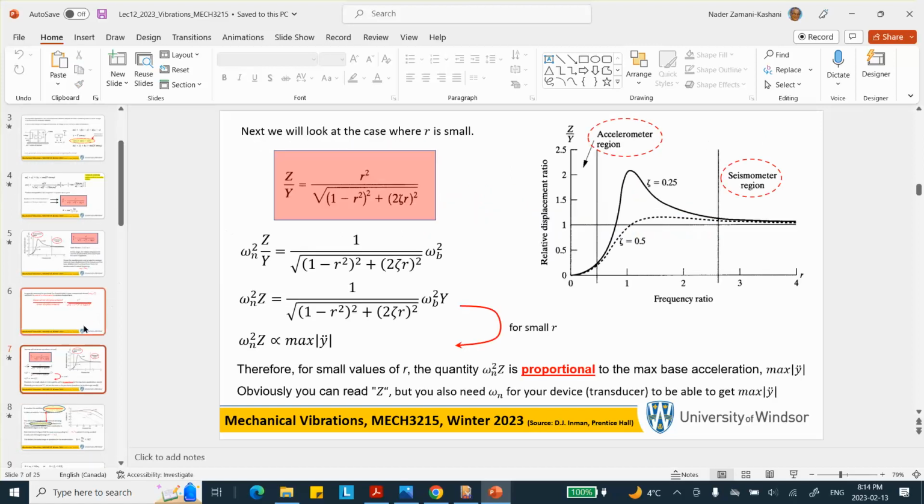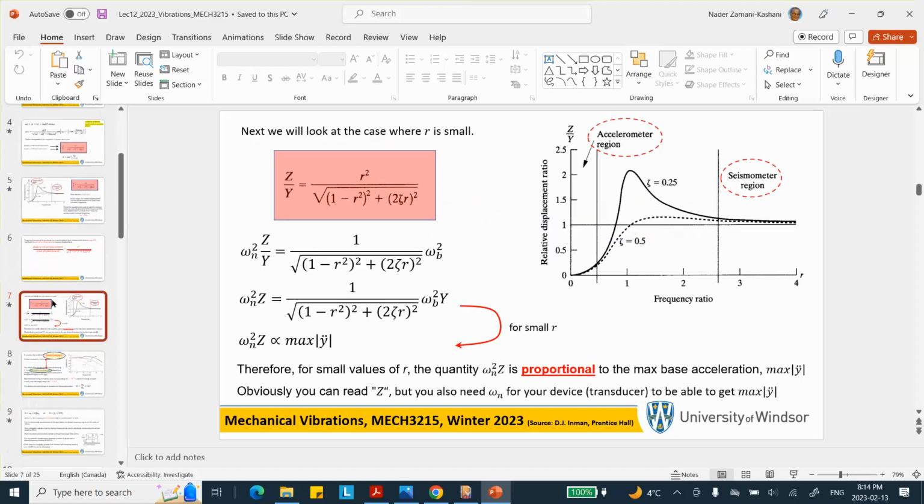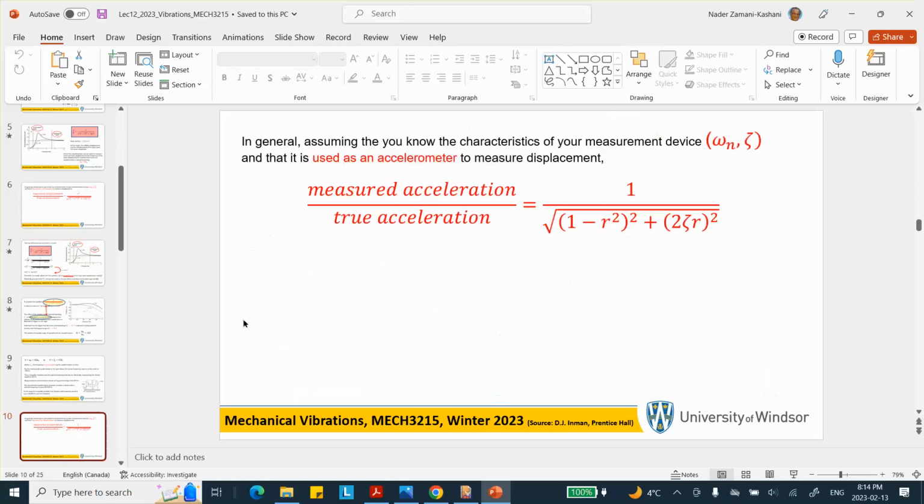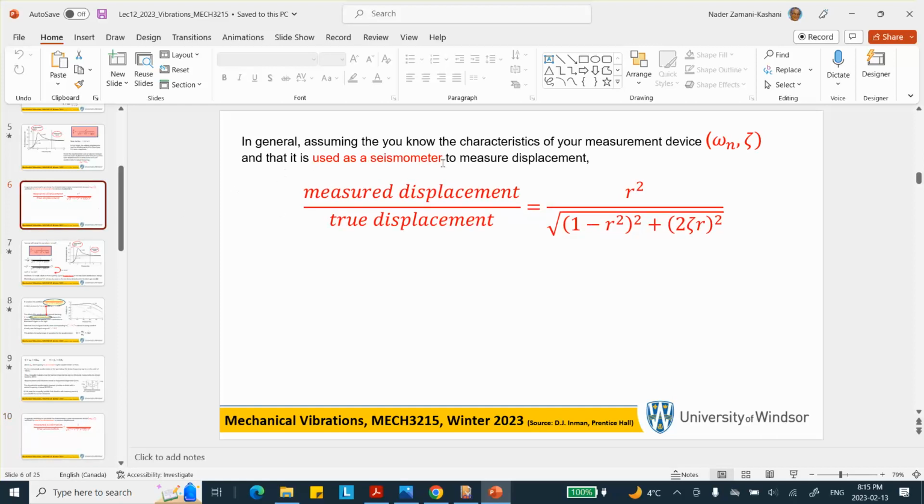When you go to the accelerometer region, this translates into measured acceleration over true acceleration. So this is the fundamental equation that is used in solving problems for us. This is the accelerometer range, and this one is the seismometer range.